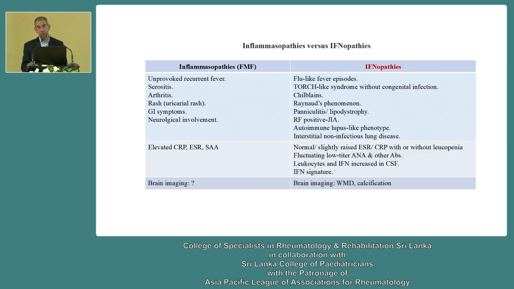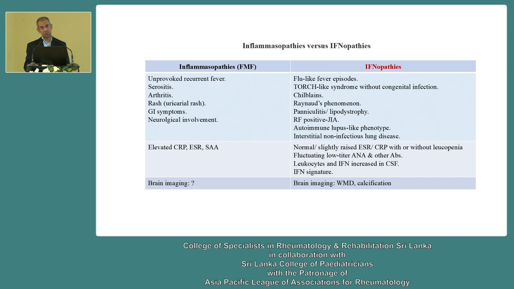Now, for interferonopathies, if we take Aicardi-Goutières as an example, typically they have a TORCH-like syndrome without congenital infection. They have peripheral vasculopathy, Raynaud's phenomena, and panniculitis. They may also have positive autoantibodies like rheumatoid factor and ANA. They may present with a lupus-like phenotype.